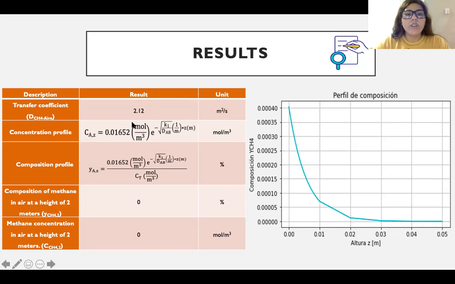After solving the differential equation, we obtain the concentration profile that is in the second row. Replacing, we obtain the composition profile, and evaluating at 2 meters, the result was almost 0 for the composition and concentration. The graph on the right was made to predict how the methane composition changed in the range of height.